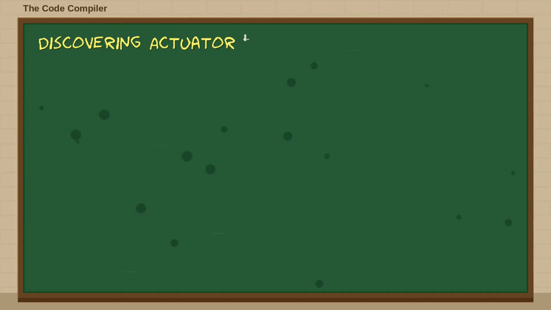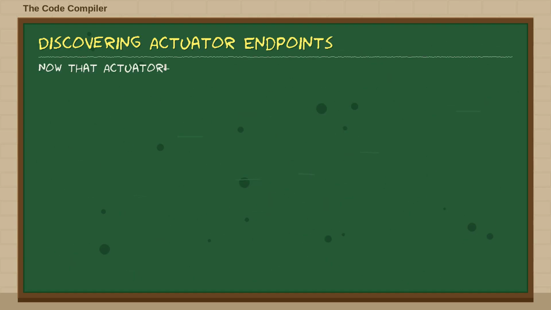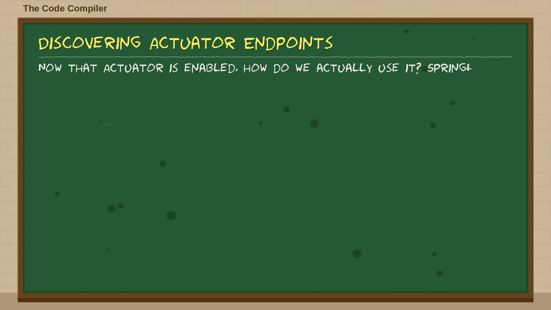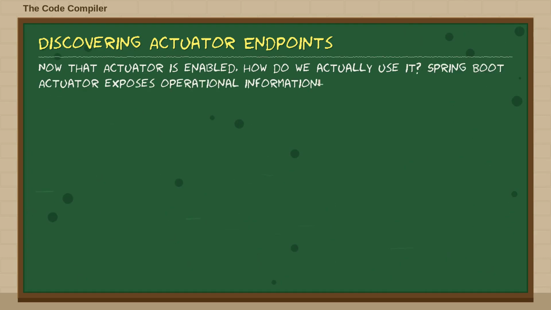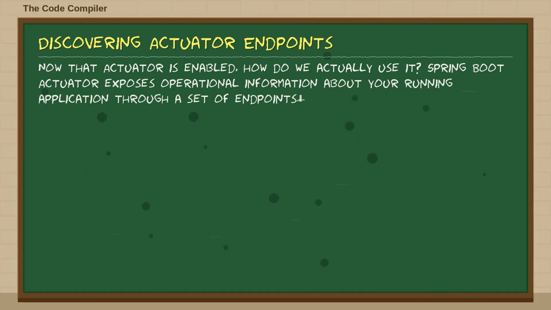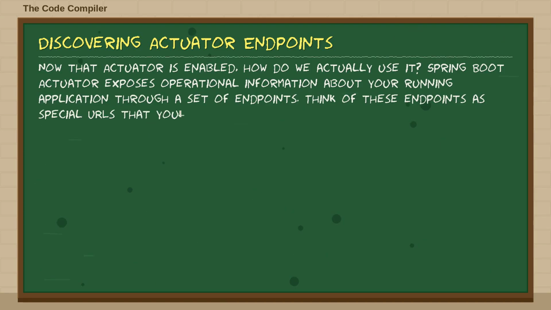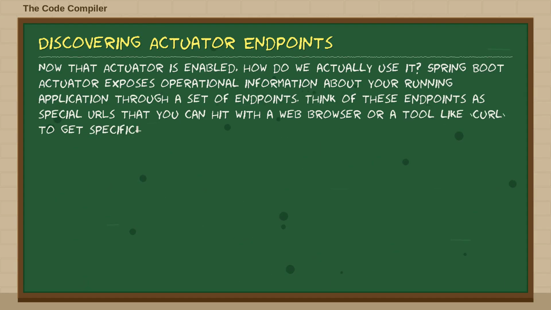Now that Actuator is enabled, how do we actually use it? Spring Boot Actuator exposes operational information about your running application through a set of endpoints. Think of these endpoints as special URLs that you can hit with a web browser or a tool like curl to get specific data.